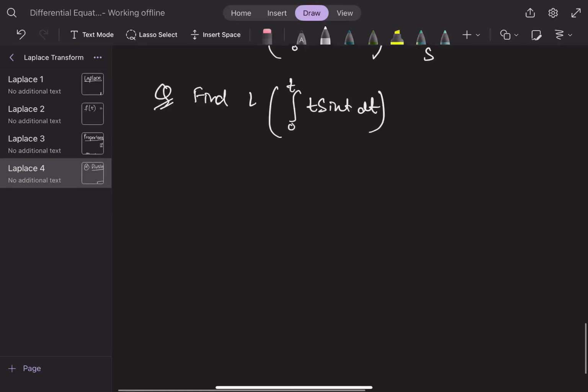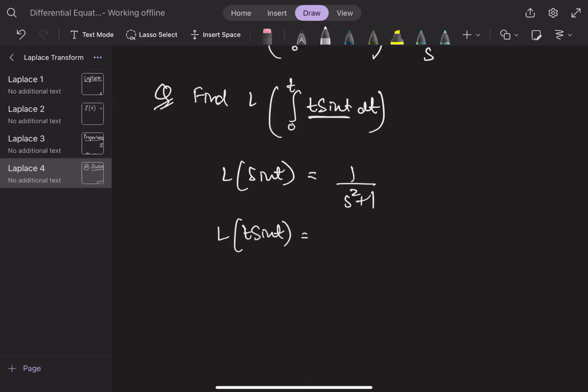So first let's find out the Laplace of this. L of sin t is 1 upon s square plus 1. L of t sin t, using the multiplication by t property, you get minus 1 raised to 1 d by ds of 1 by s square plus 1.